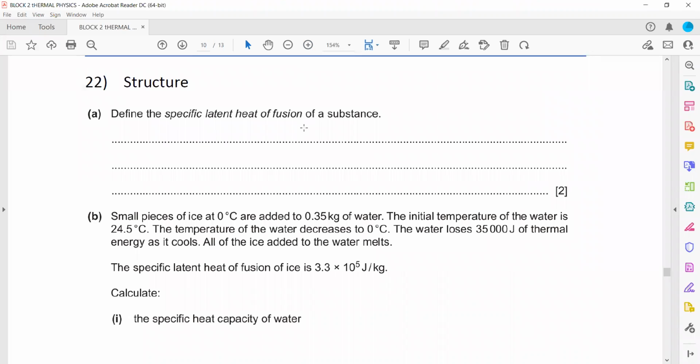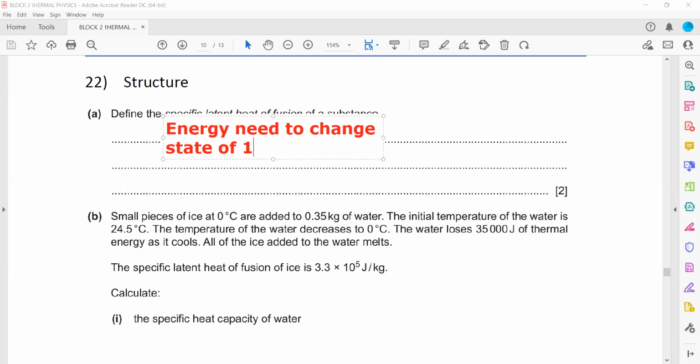Next question, define specific latent heat of fusion. So it is the energy needed to change the state of 1 kilogram of solid into liquid without changing temperature.